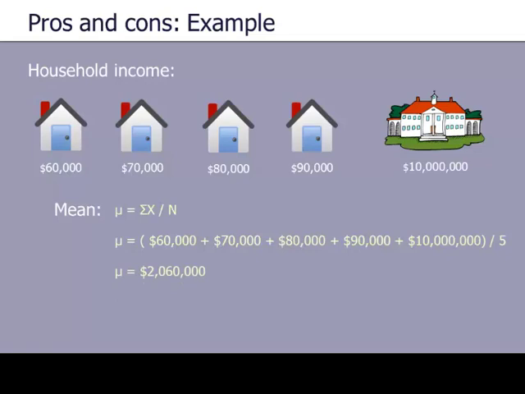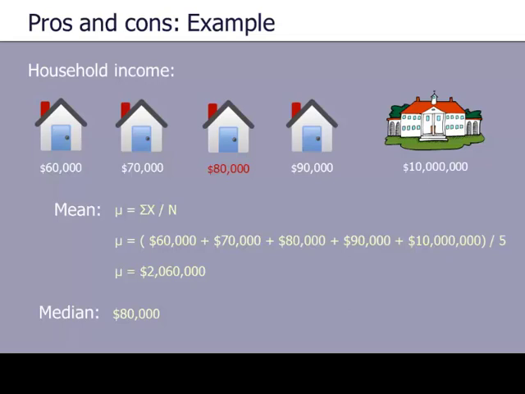What about the median? The median is the central value in an ordered list of values, which in this case is $80,000. Do you think the mean or the median is a better measure of typical household income?